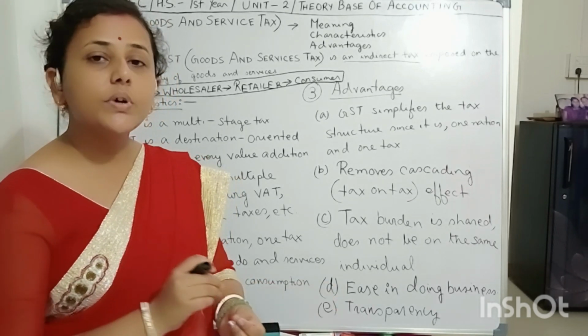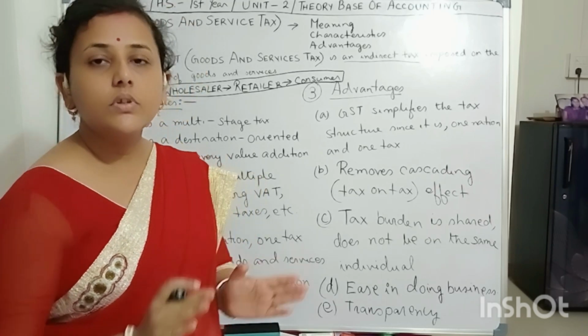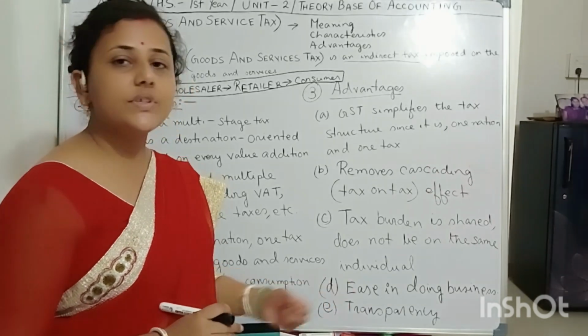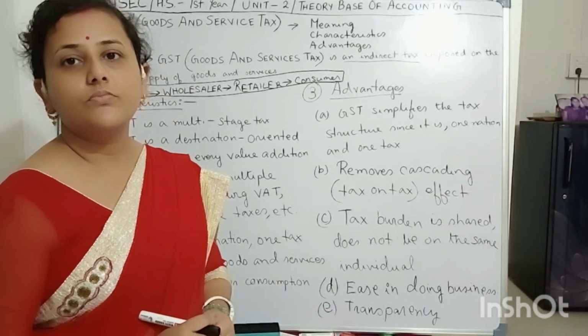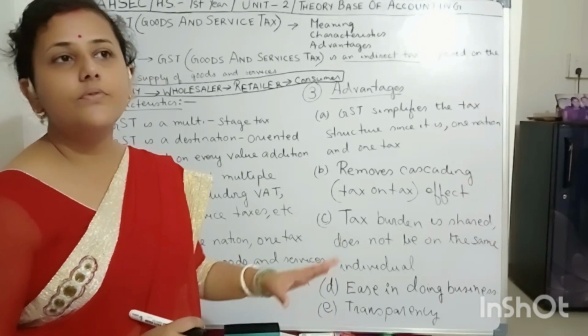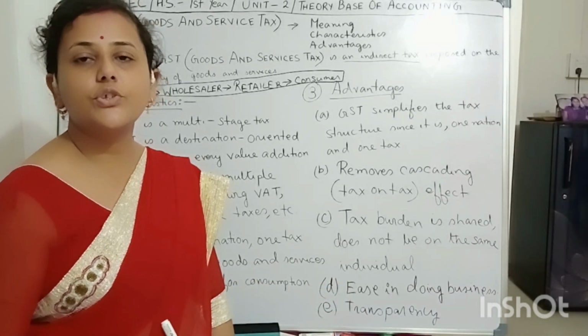There is transparency, a clear picture of the cost system of goods and services sold. Got it? So there is transparency, a clear picture of the items sold or purchased.